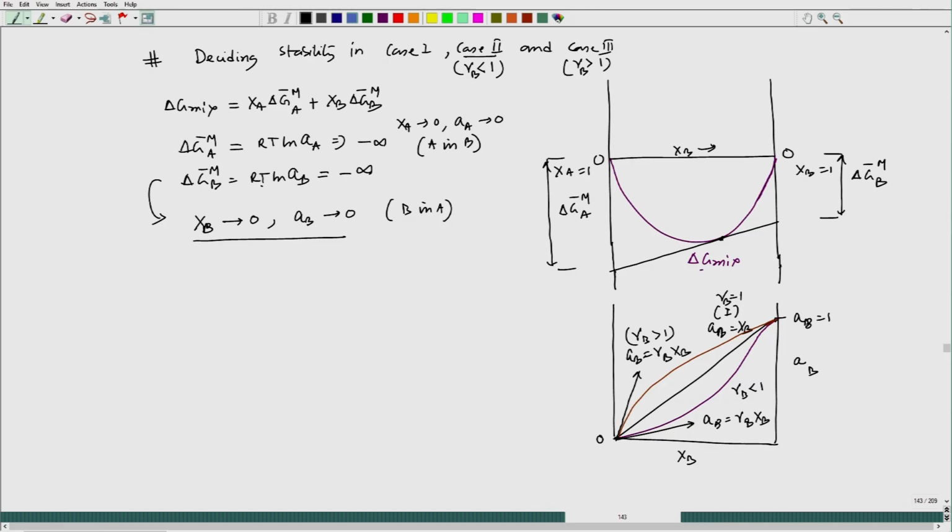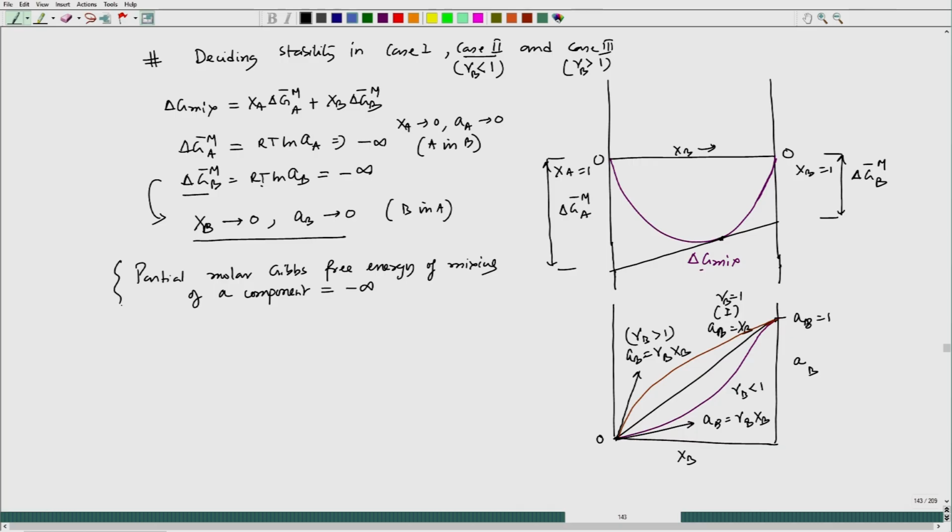Interestingly, in both the cases, when we go to a very low concentration of the solute, I see that this partial molar Gibbs free energy of mixing of, let us say, a component is nothing but minus infinity.